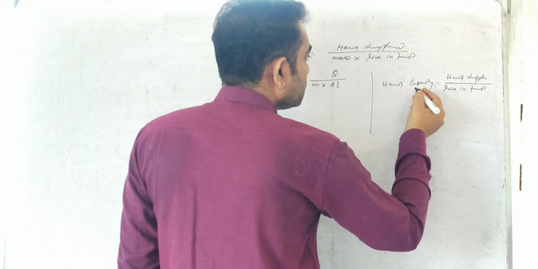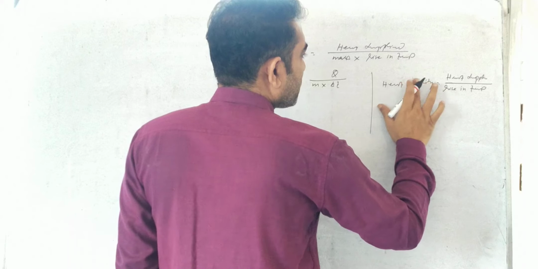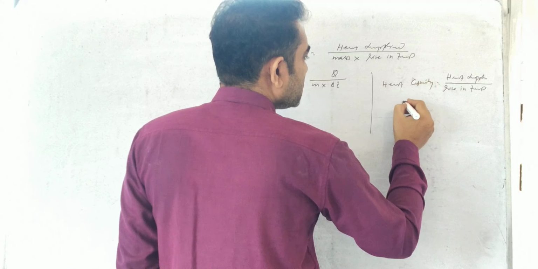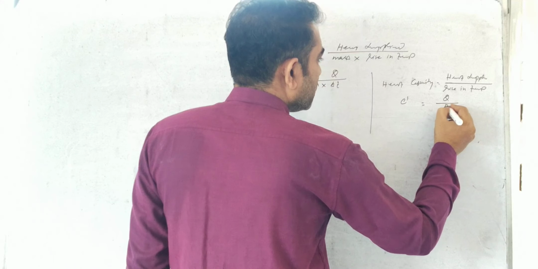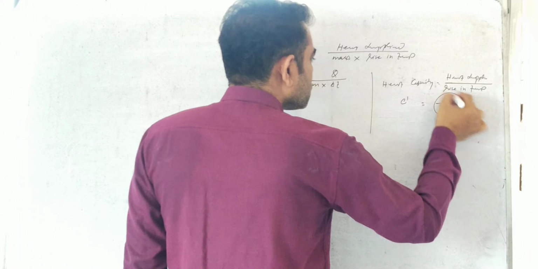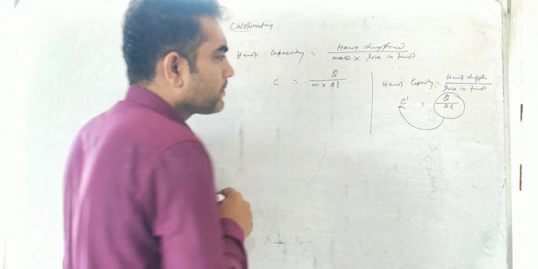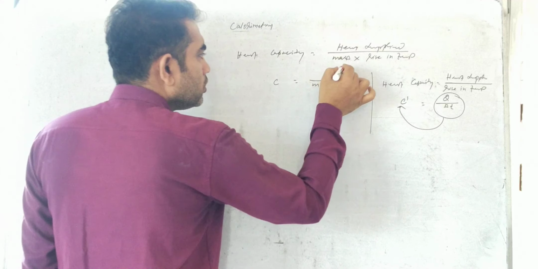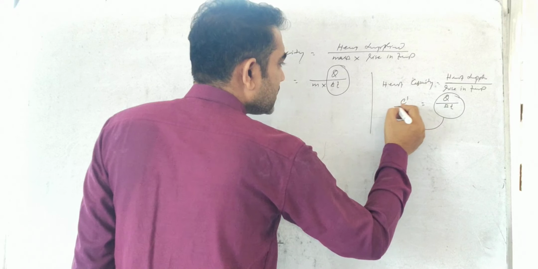So for heat capacity, C dash equals Q by del T. That means in place of Q by del T we can write C dash. So here also, in place of Q by del T we can write C dash.